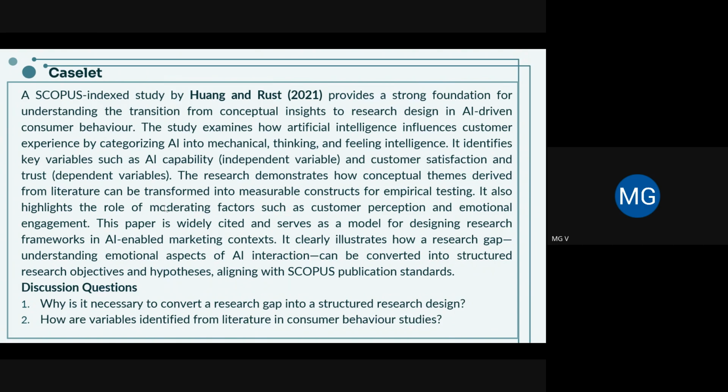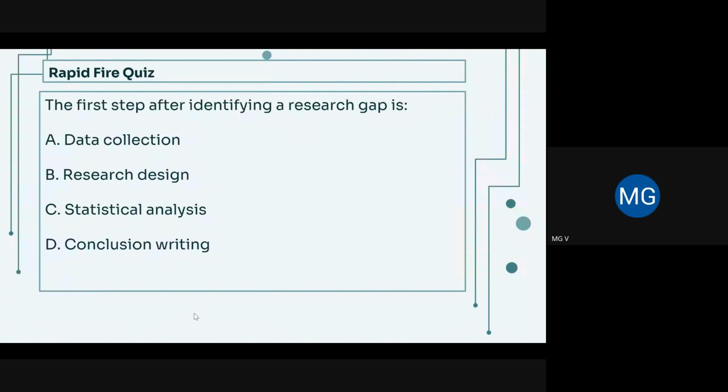How are variables identified from literature in consumer behavior studies? Variables are derived from recurring themes and constructs identified in peer-reviewed literature, such as trust, personalization, and privacy. Now let us recapitulate.